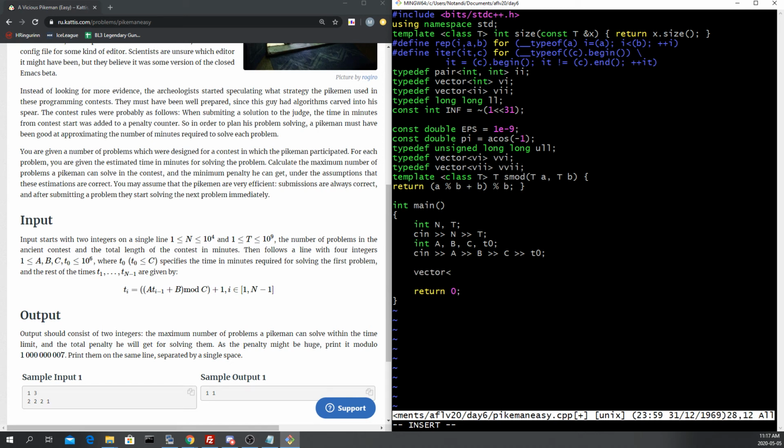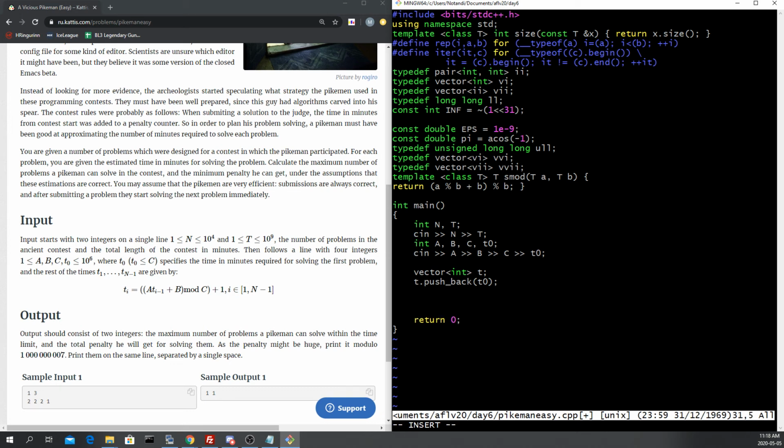And we want to calculate the time for each problem. So let's start by creating a vector, placing the first problem as the first element.